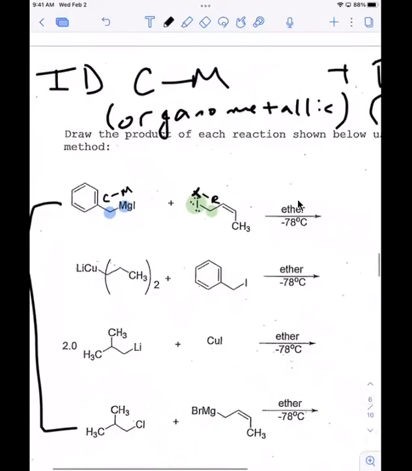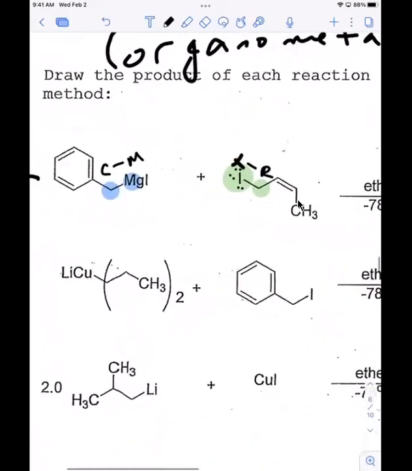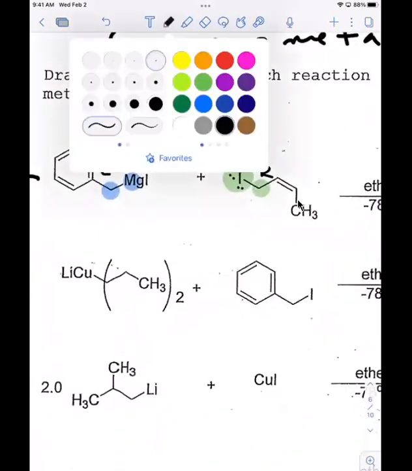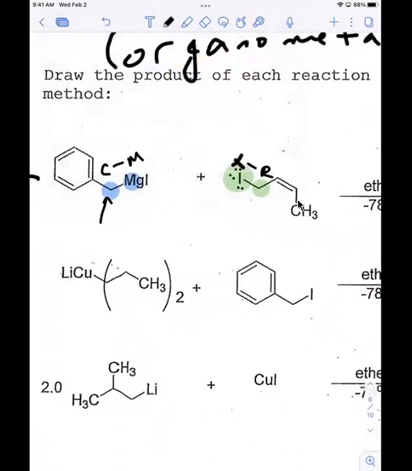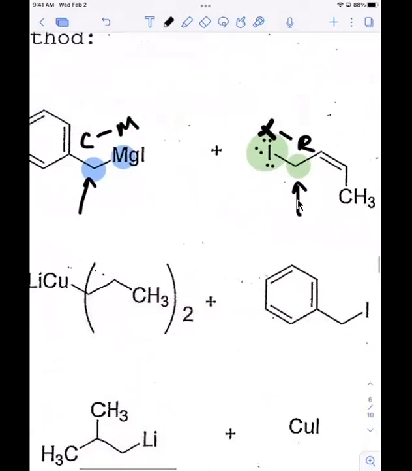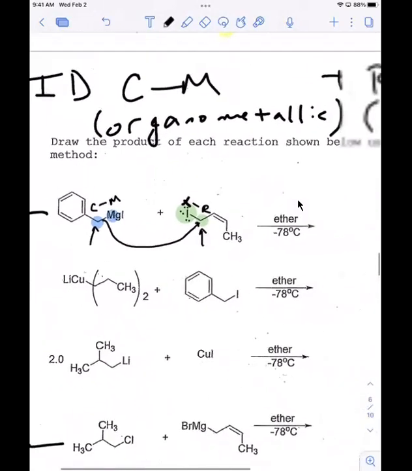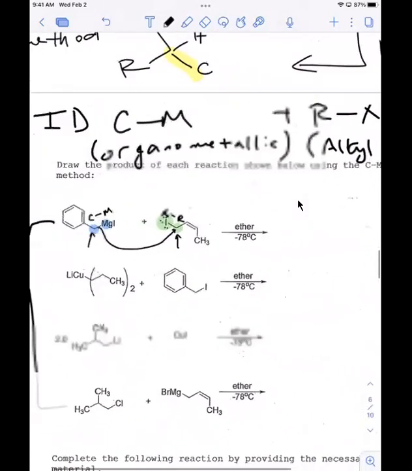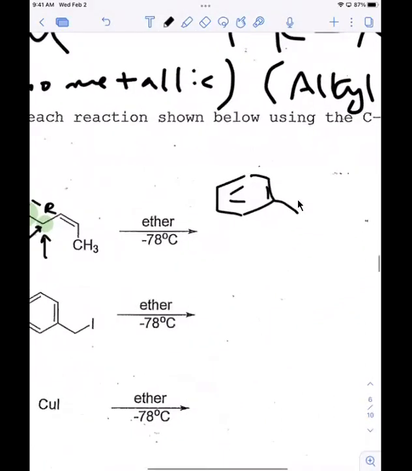So there's going to be a bond made between this carbon and this carbon. If I were to just draw the arrows mechanistically from here to here, there's going to be a new bond there. So my product is going to look like this, where I have the aromatic ring that doesn't change. I have a carbon here, I'm just going to put a dot right there for that carbon.